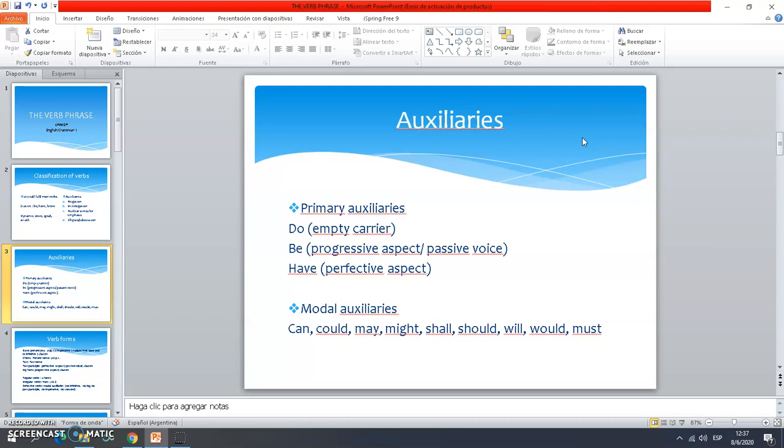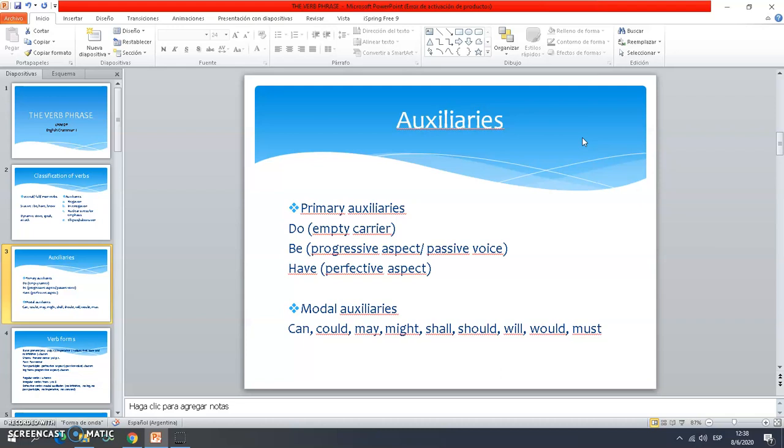Progressive aspect is composed of the verb to be plus an ing form of the verb. For passive voice, I need the primary auxiliary be plus a past participle. Have is necessary for perfective aspect, which is composed of have plus past participle.